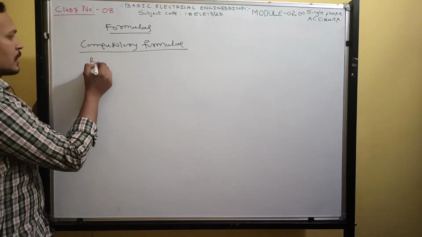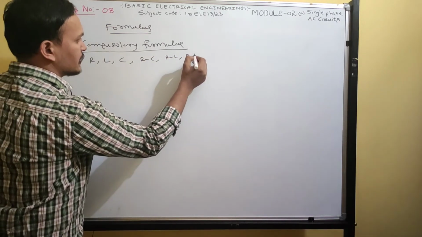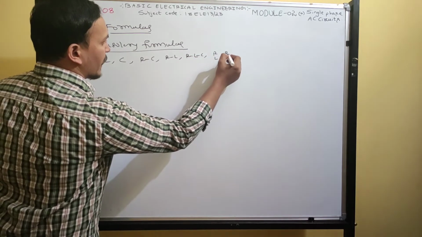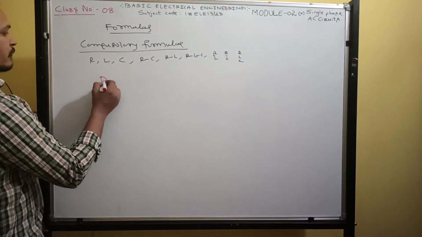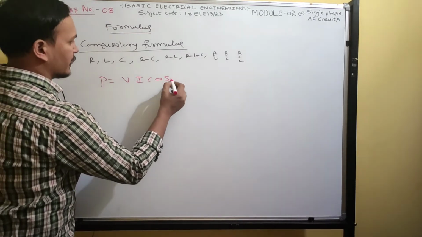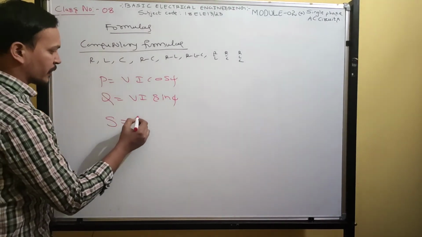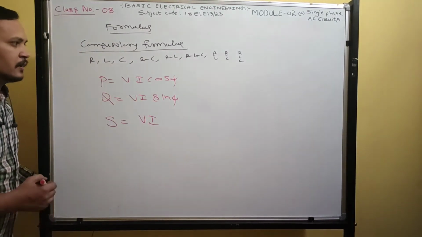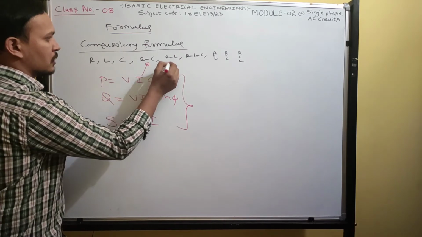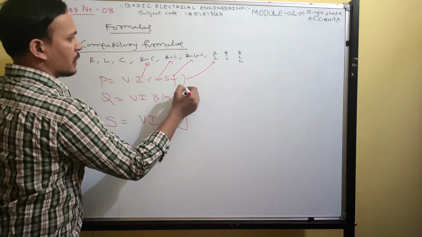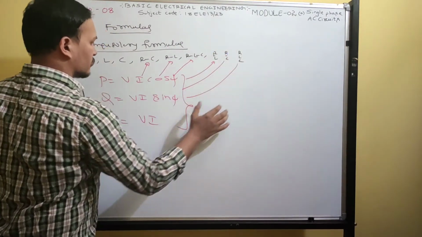Whatever the circuit it is, R circuit, L circuit, capacitor circuit, series RC, series RL, series RLC, parallel RL, parallel RC circuit and parallel RLC circuit, whatever it may be, our equations are: real power is VI cos phi, reactive power is VI sin phi and apparent power is V into I. All these 3 formulas are applicable to RC, RL, RLC, or parallel circuits. For all these circuits, these formulas hold.